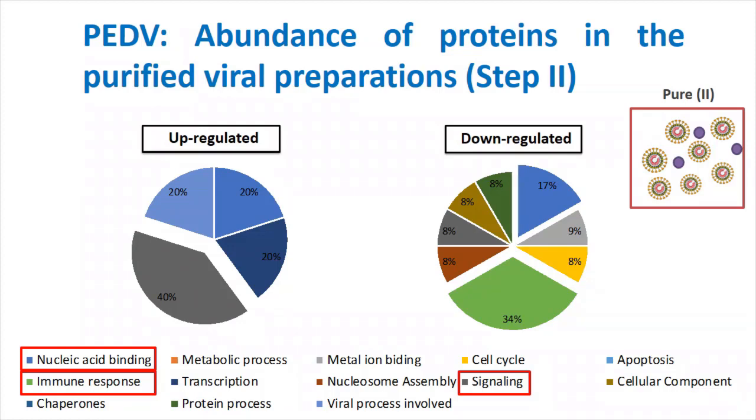And again, you can see that certain functional groups of proteins have been affected. But what is interesting is an absolutely different pie. As you can see, different proteins have been dysregulated in this fraction, which is now mainly viral particles, okay?